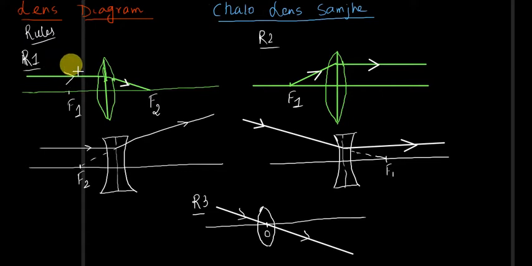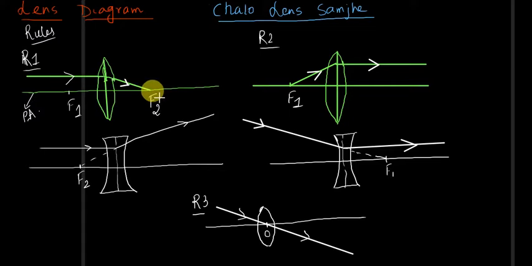If any ray parallel to the principal axis is falling on a convex lens, then the emergent ray will hit the second focus.